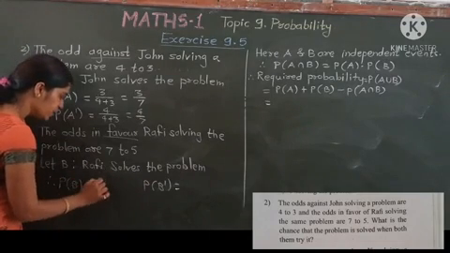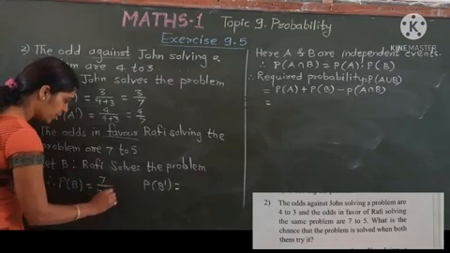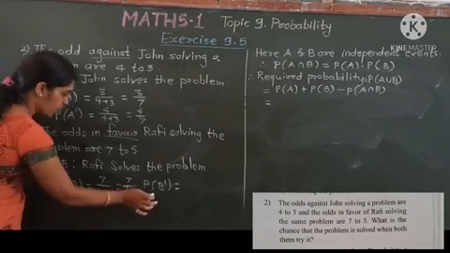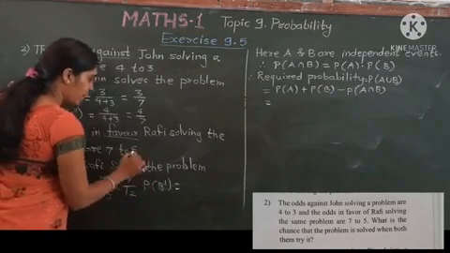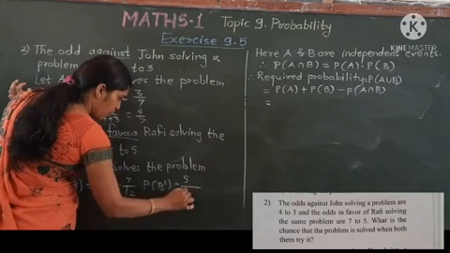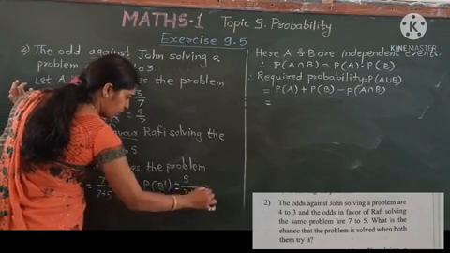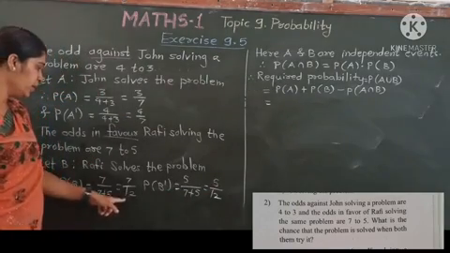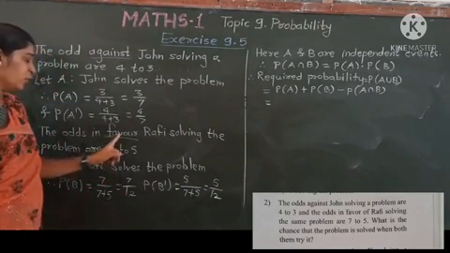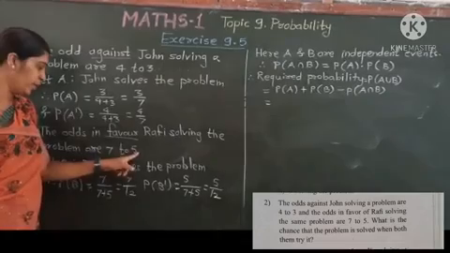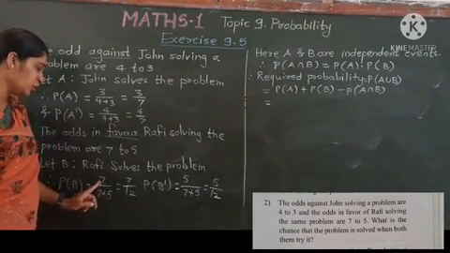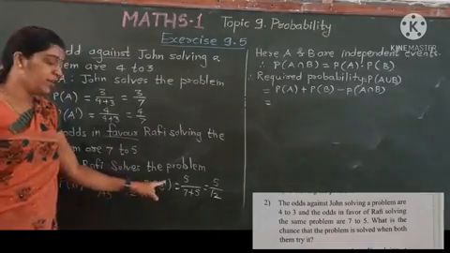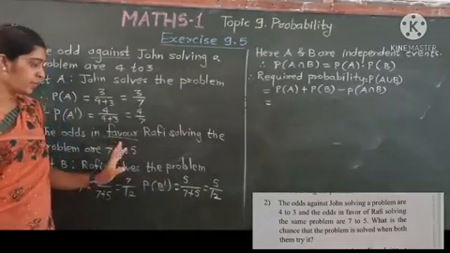P of B becomes 7 upon 7 plus 5, which is 7 upon 12. And here P of B dash is 5 upon 7 plus 5, which is equal to 5 upon 12. Okay. This is in favor of, meaning favorable to unfavorable. Favorable: solves the problem, and unfavorable: does not solve the problem. Therefore, here the complement.